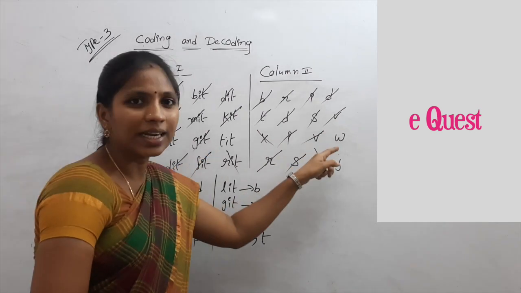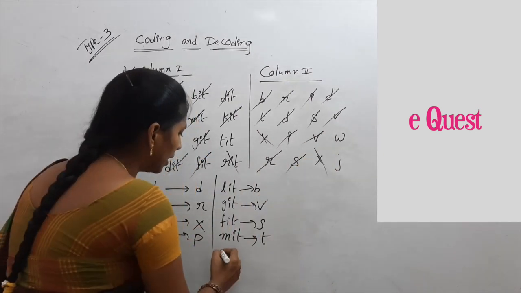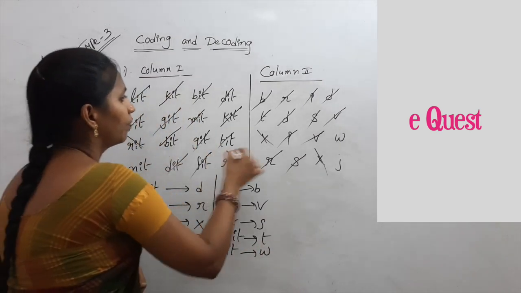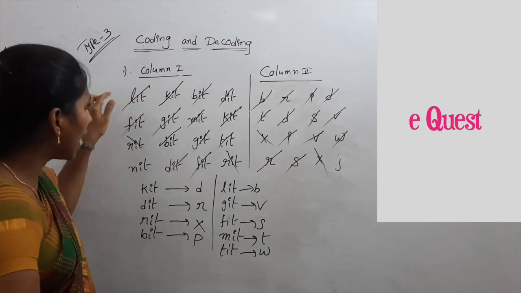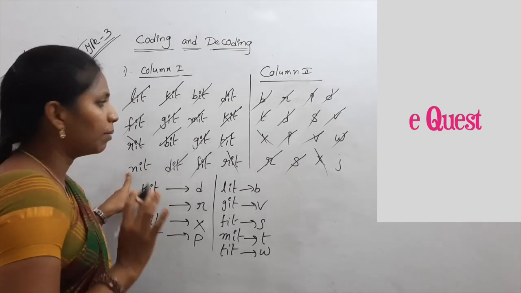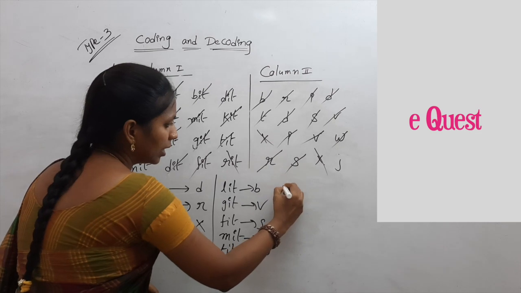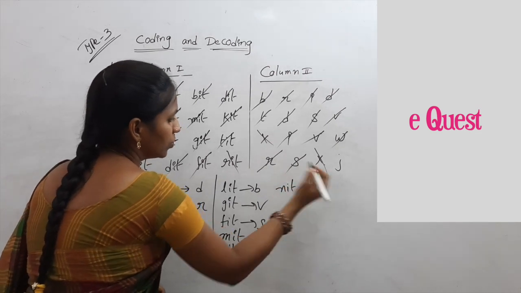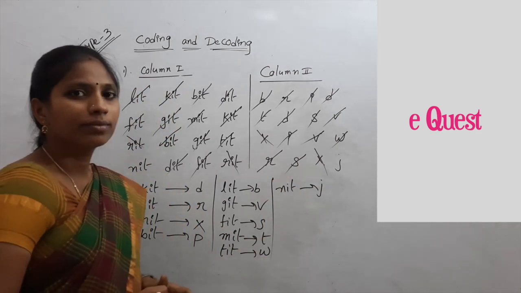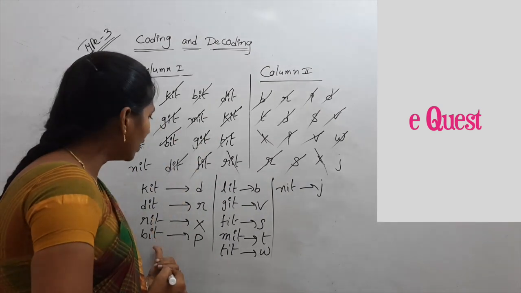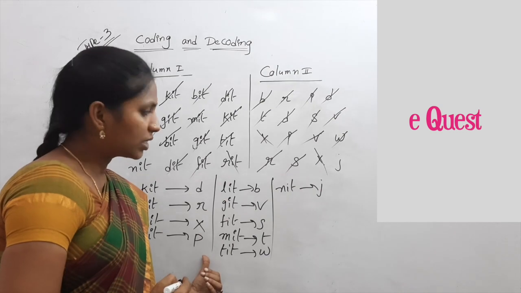So here, tit's corresponding code is W. Tit, W. Okay. See at the last line, knit is remaining. So knit's corresponding code is J. First of all, find out like this. Each and every word and corresponding codes are here.